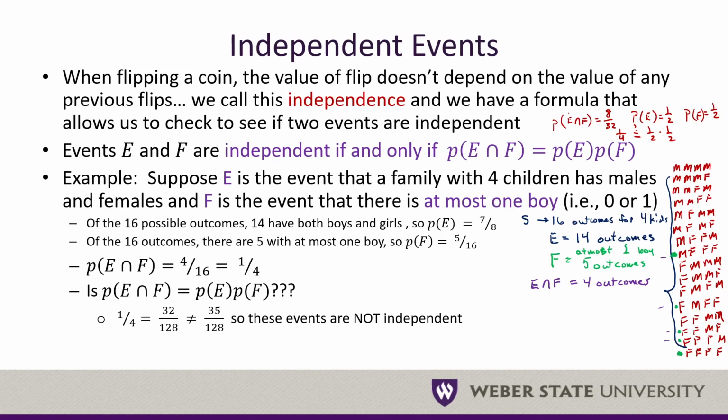If I have both males and females, it changes the probability of having at most one boy. That's the whole idea here: given one condition changes the probability of the other condition. So it affects how likely it is that something's going to happen, and that's what makes an independent event.